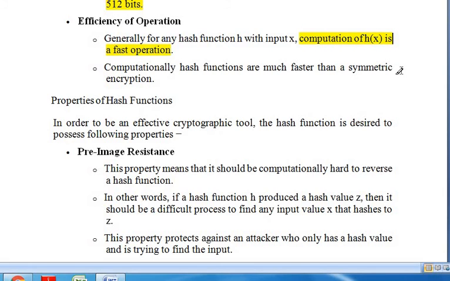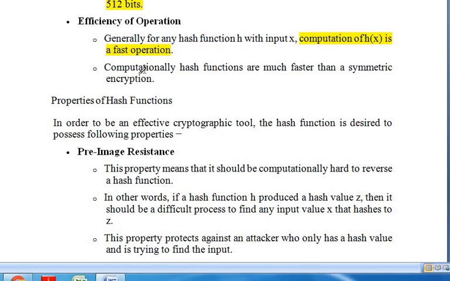Two different inputs may give the same hash value. The answer may differ or may be the same. So we cannot predict a particular output value for a particular input. We don't fix it like this.